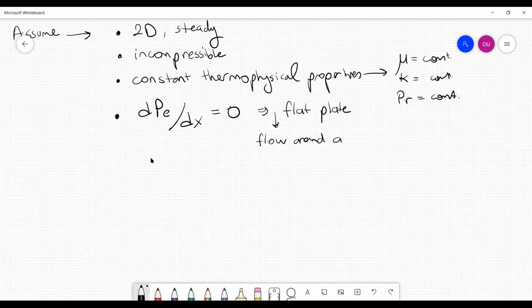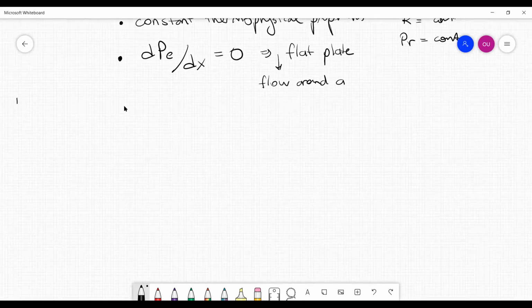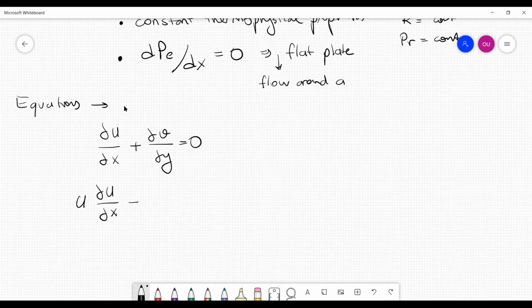So under these assumptions, the equations get simplified even more. The equations become like this. Since it is incompressible, we lose the density terms, so the mass conservation equation, the continuity equation, looks like this. The momentum equation looks like this: u du/dx plus v du/dy is equal to, on the right hand side, the dp/dx term is zero, so we don't have that.